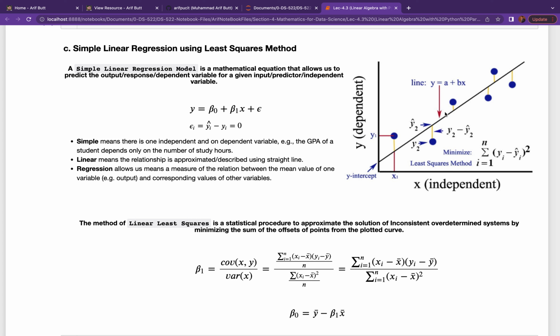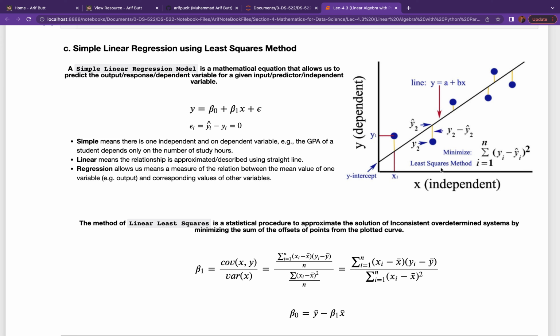Suppose we have 1, 2, 3, 4, 5, 6. We have 6 points. These are the 6 data points that a teacher has collected. Each data point consists of 2 values, number of study hours, and the result or GPA. To plot these 6 observations, the teacher has assumed that GPA is a dependent variable, which depends on the study hours.